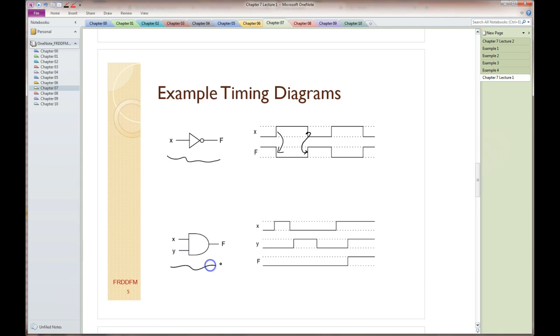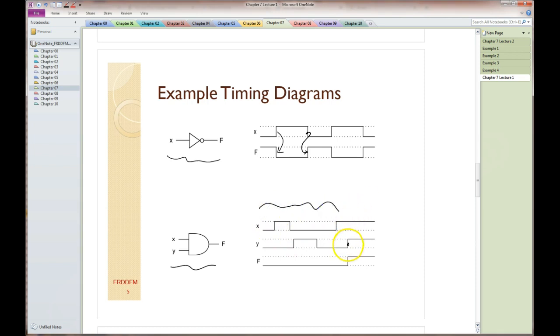So this is an AND gate. You know an AND gate because the output of an AND gate is a 1 when all the inputs are a 1. So what you have in this timing diagram is the X and the Y, they're changing, and for all this time at least one of the inputs is low.